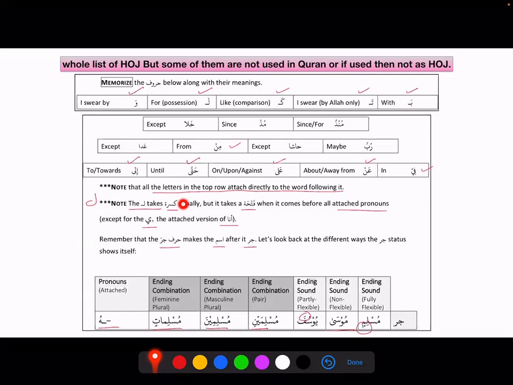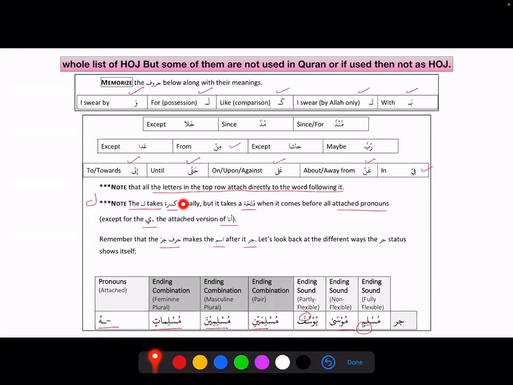We already talked about how this attached pronoun is going to behave. Now remember that harfu jar makes the ism after it jar in status. We already discussed all these things. So now see how jar is going to look and what we have learned so far.